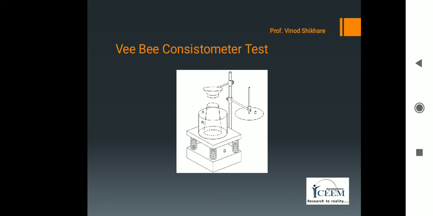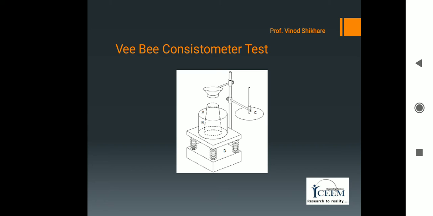Then the next test is the VB consistometer test. The VB consistometer test is more reliable, as its results are not influenced by personal factors. This test is more suitable for stiff concrete mixes having low and very low workability, and the slump value of such mixes cannot be determined by the slump test.